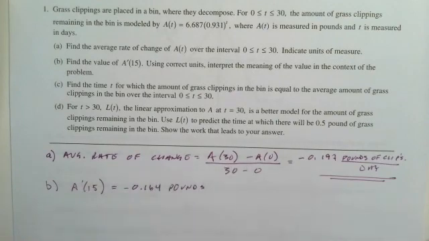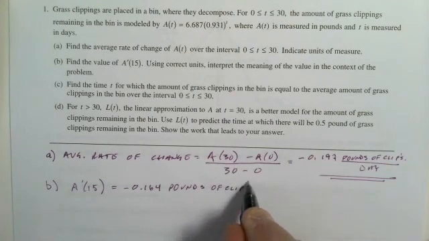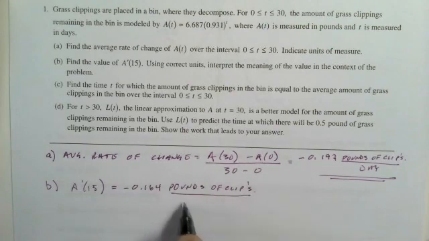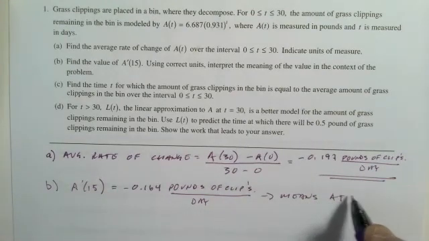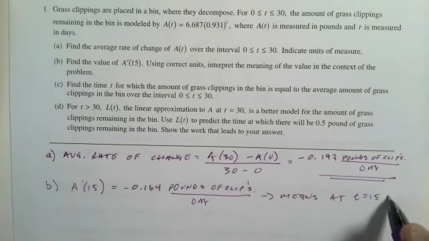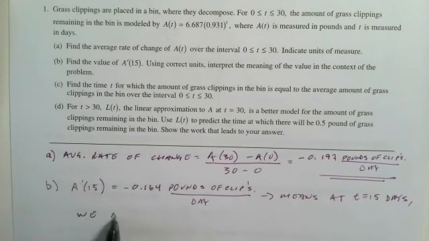Average rate of change is, yep, pounds of clippings. And again, I would write this out a little more clearly. Per day means at t equals 15 days, we are losing 0.164 pounds.